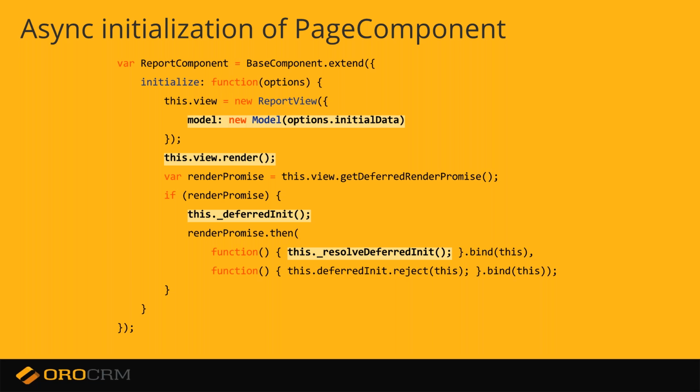Now note how async rendering is handled here. The state of rendering is reflected in the component's initialization promise. The component's initialization promise won't be resolved while the render promise is still in pending state.